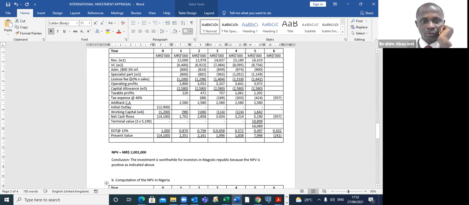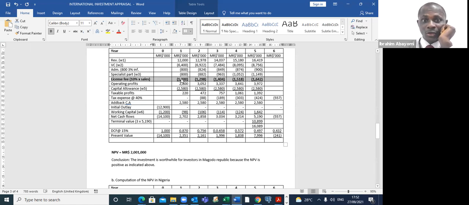Because we are bringing this amount to Nigeria, what do we need to do? We're supposed to convert it to naira first, using the prevailing exchange rate for each year of the cash flow. After the conversion to naira, then we take it net of tax.